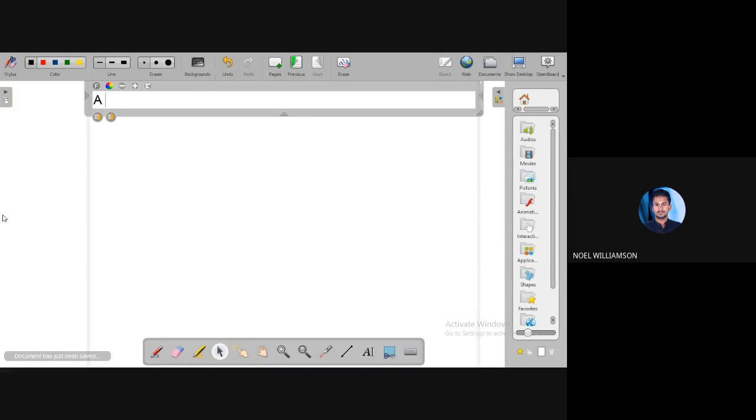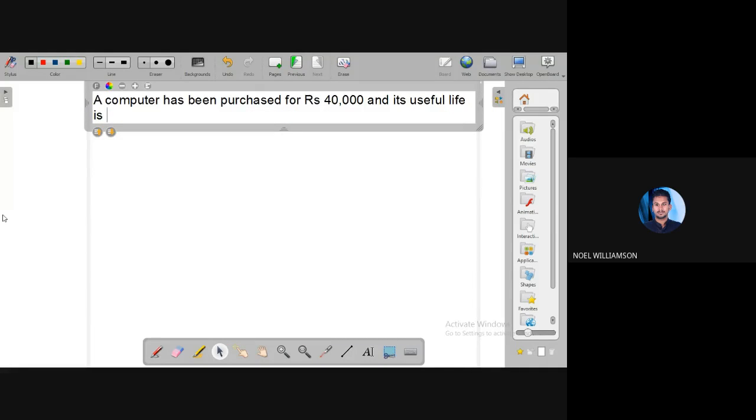A computer has been purchased for rupees 40,000, and its useful life is 8 years.